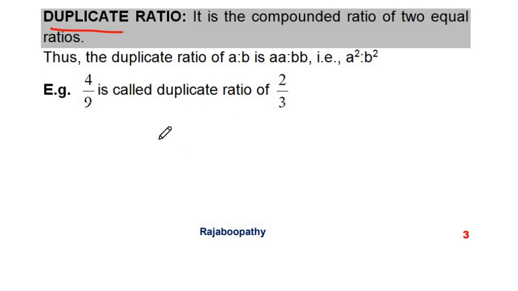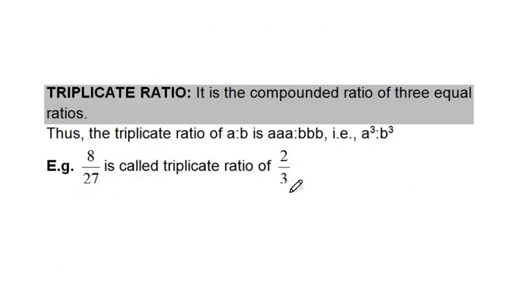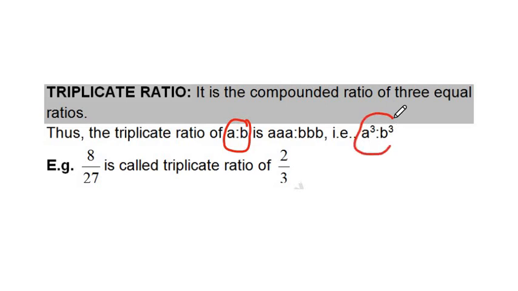So what is the duplicate ratio of 4:3? The duplicate ratio of 4:3 is 16:9. In general, the duplicate ratio of A:B is A square is to B square. Similarly, the triplicate ratio of A:B is A cube is to B cube.